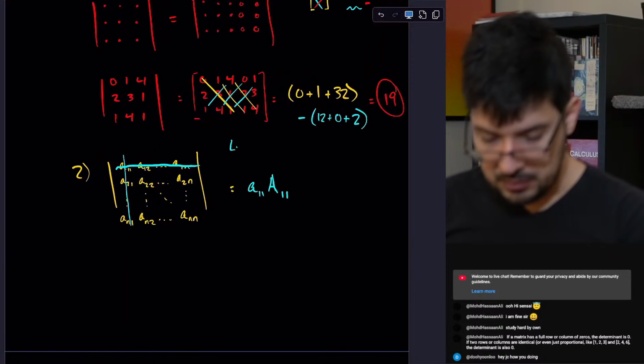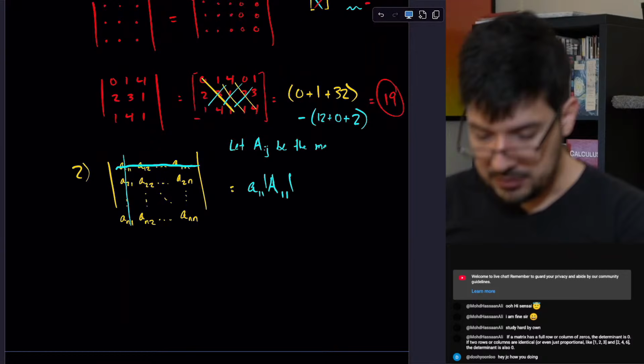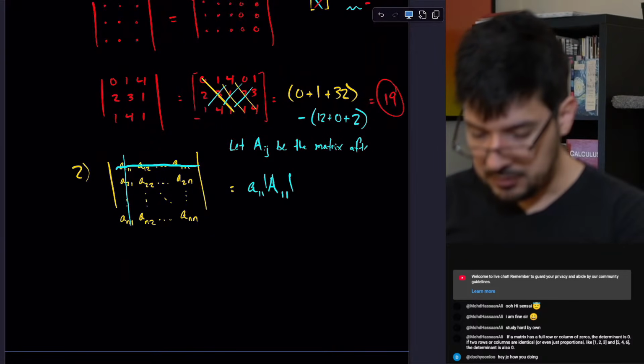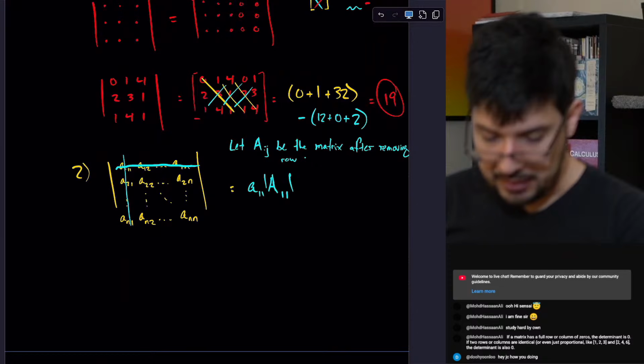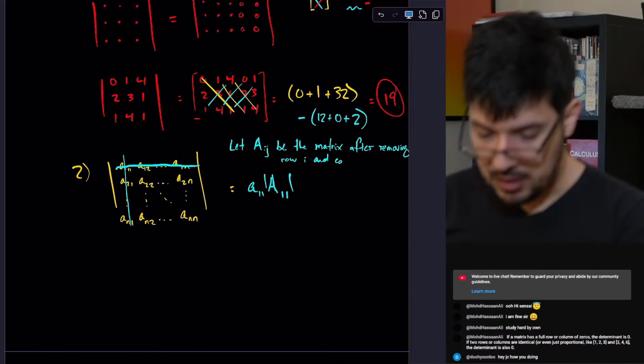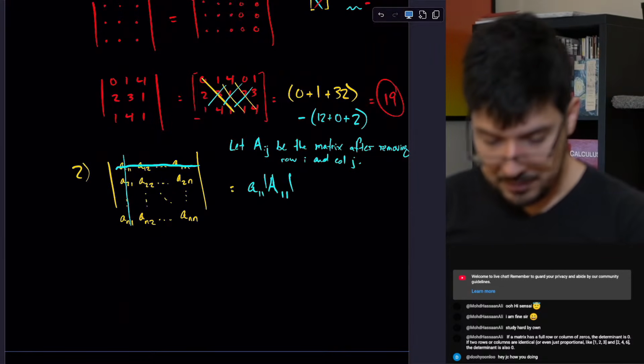So let Aij be the matrix after removing row i and column j.